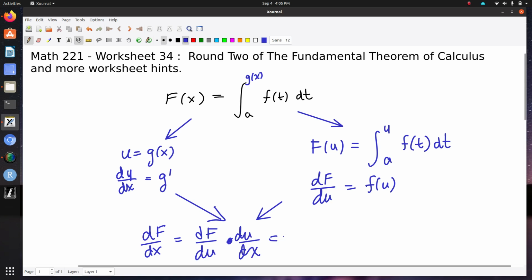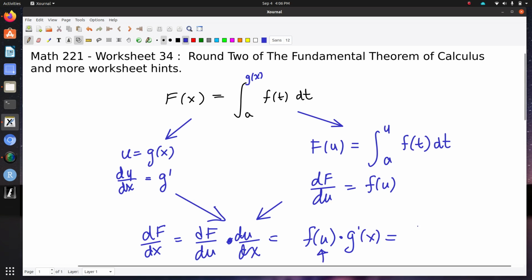So I'm just going to write dF/du as f of u, and I'm going to write du/dx as g prime of x, but it's kind of sloppy because what is u?